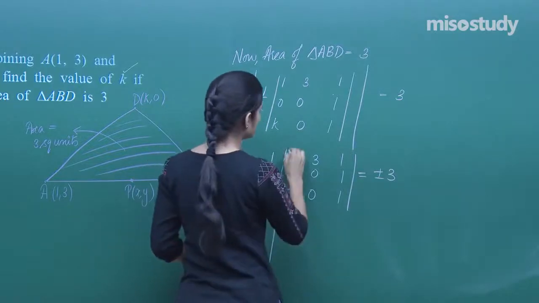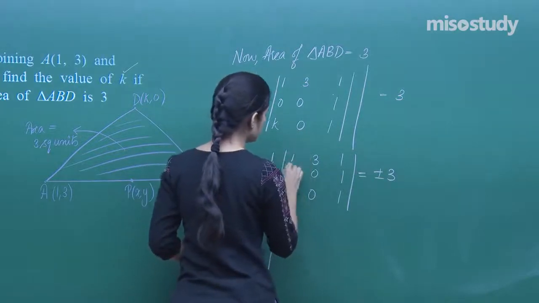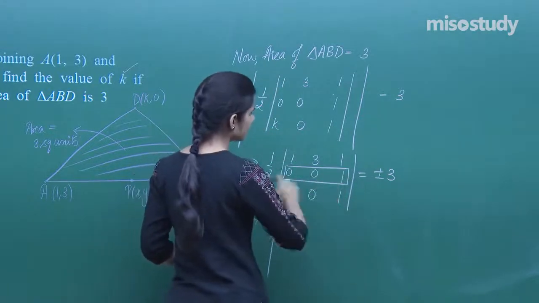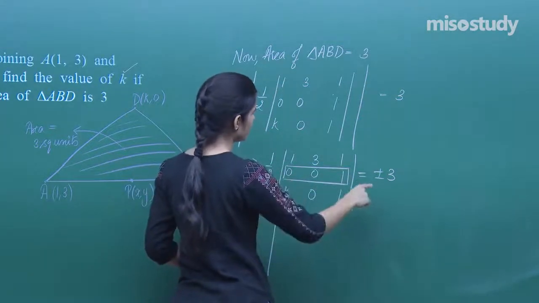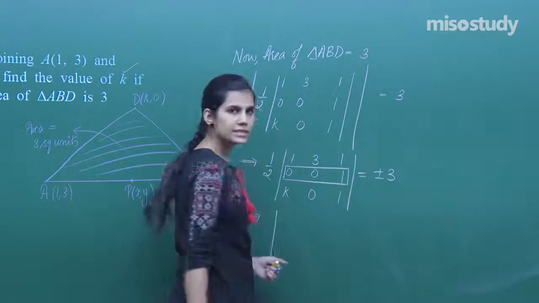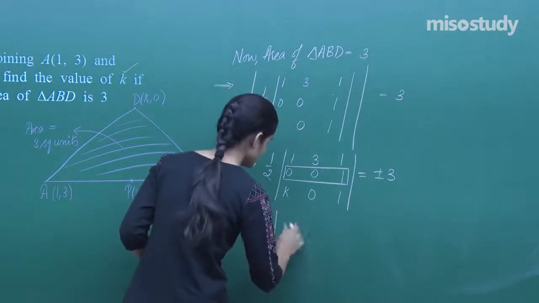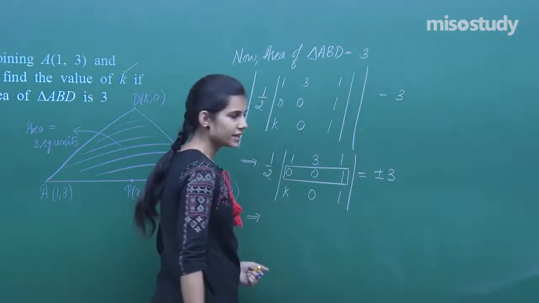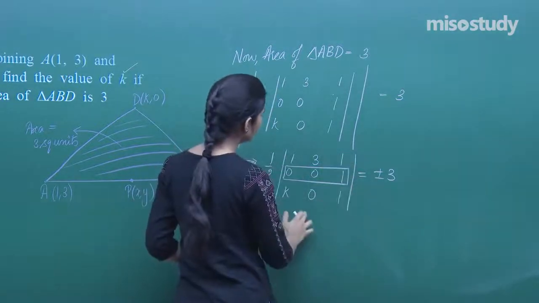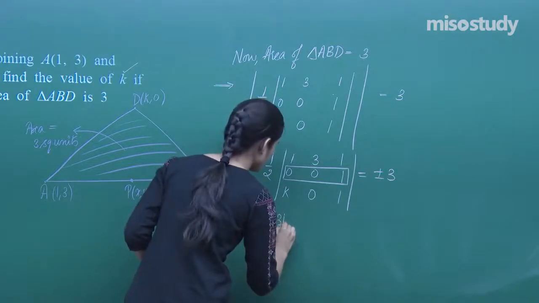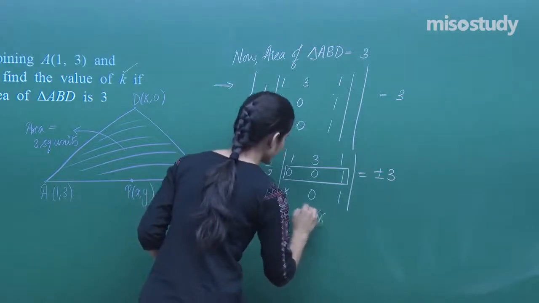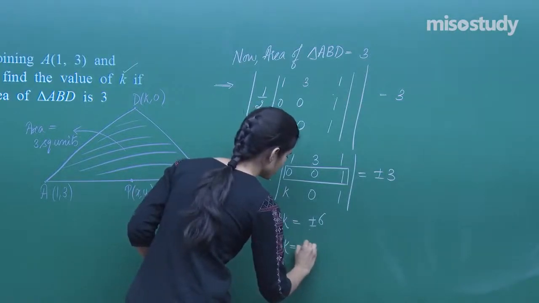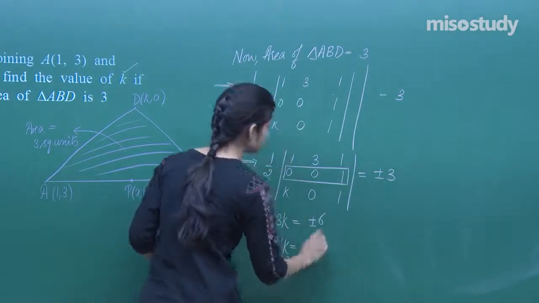Solve this determinant. If you solve it along, say, the second row, you will have 1, this cancelled out, so you are left with 0 minus 3k. The 2 is going to go that side, so I am not writing half. So minus 3k equals plus minus 6. This implies k is equal to plus minus 2.